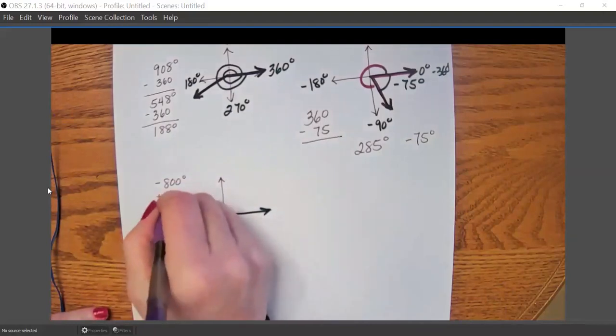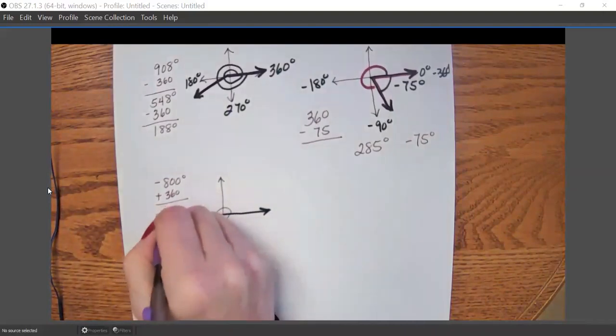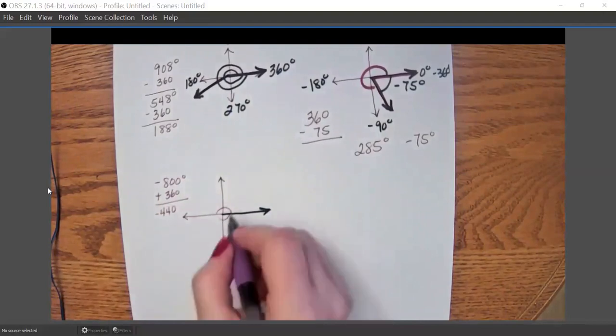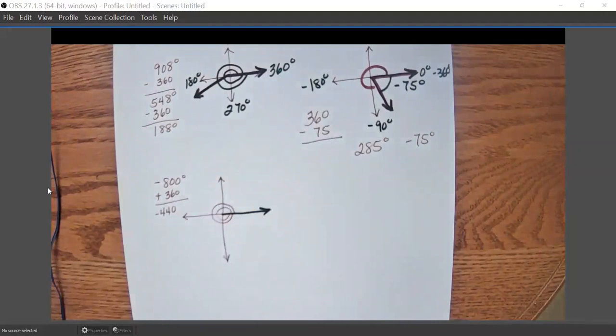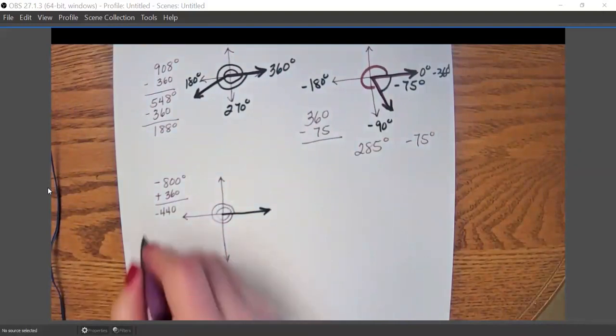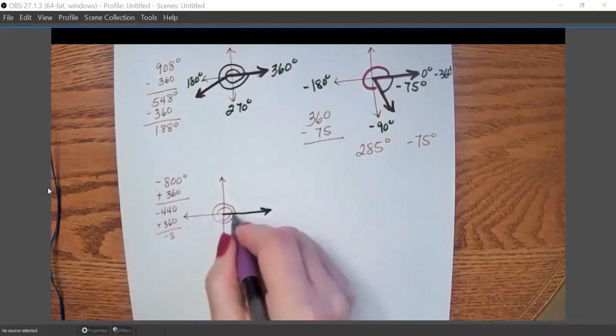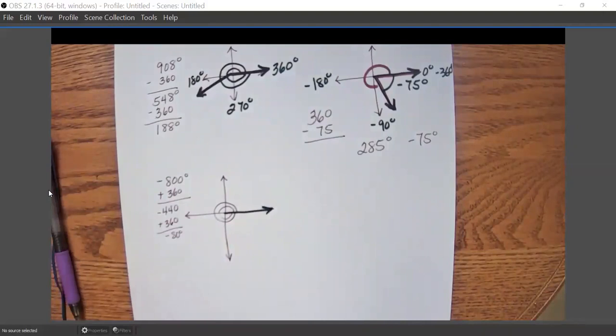So add 360 to see what's left. Negative 800, pulling out the first 360, I still have negative 440 degrees. So that means I can go around the circle again, 360 more degrees. And I'm left with negative 80 degrees.